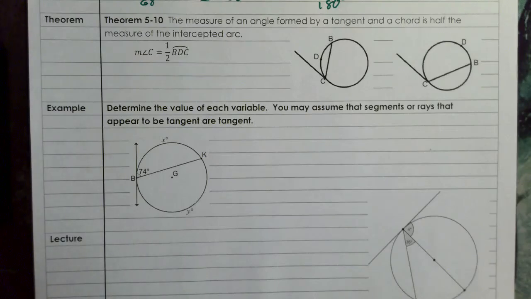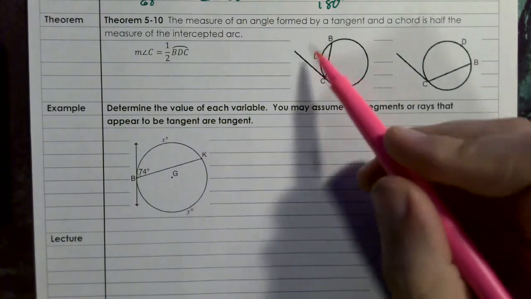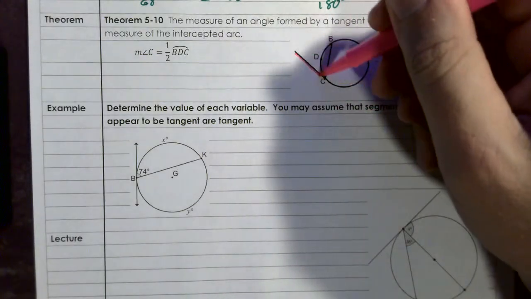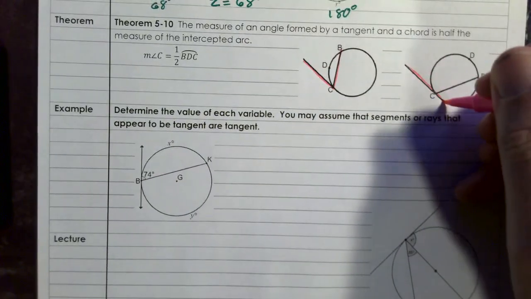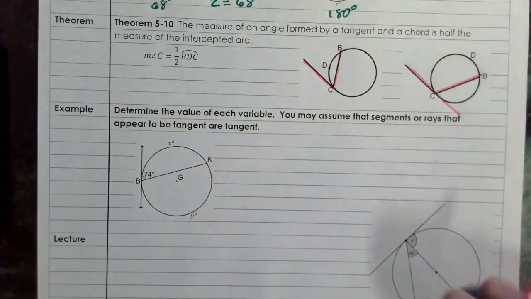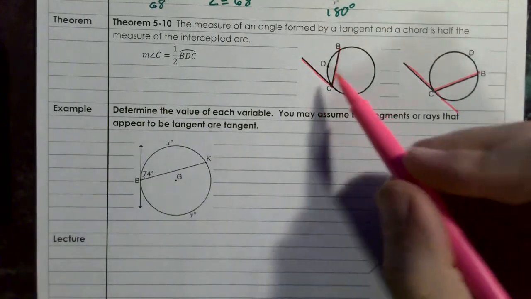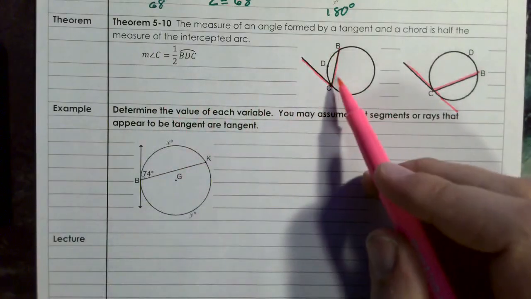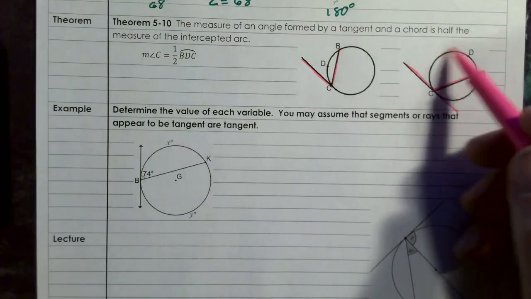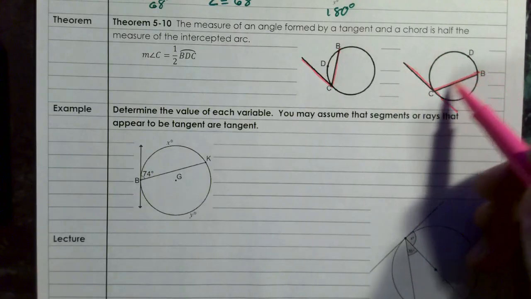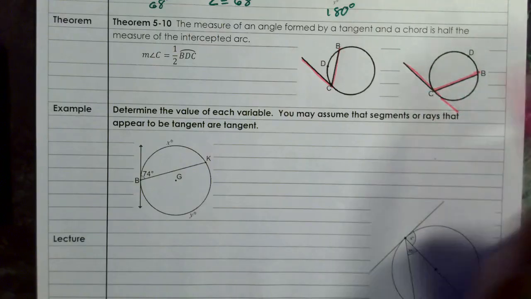Now the angles we have been looking at have been inscribed angles, so they're all inside of that shape. So these angles are outside of that shape, but we do have a nice tangent line that's only touching our circle once. It is still doing the property that this arc is half of this angle. This arc right here is going to be half of whatever this angle is here.